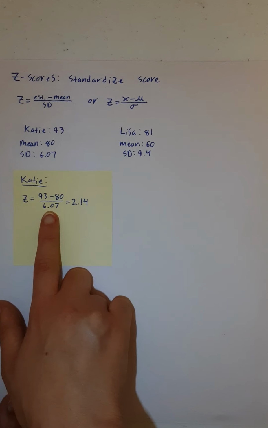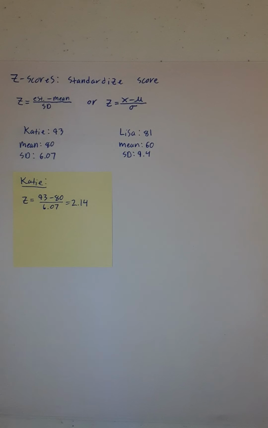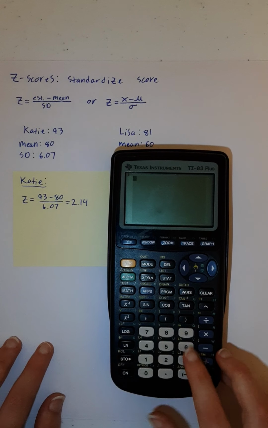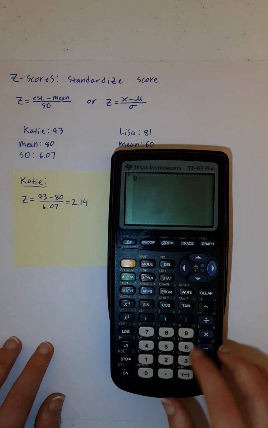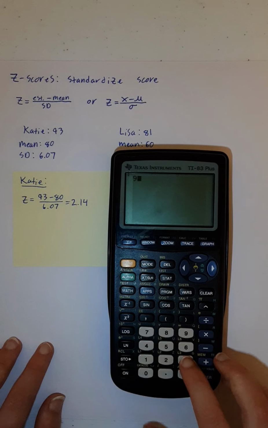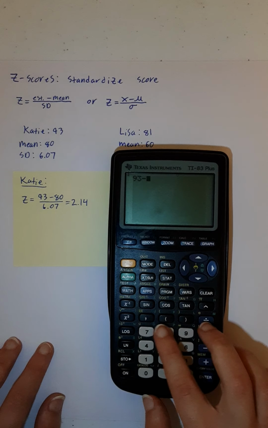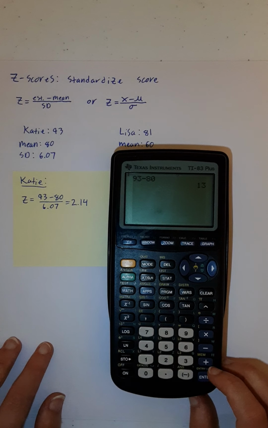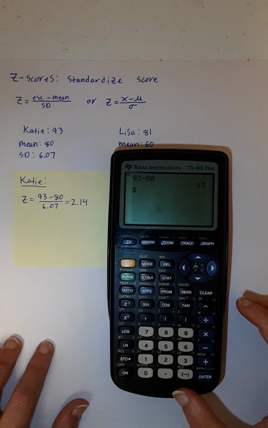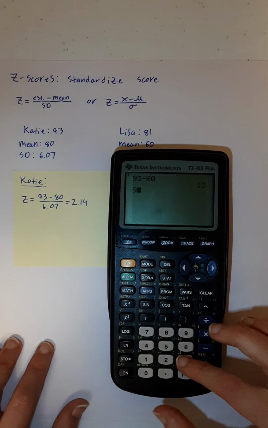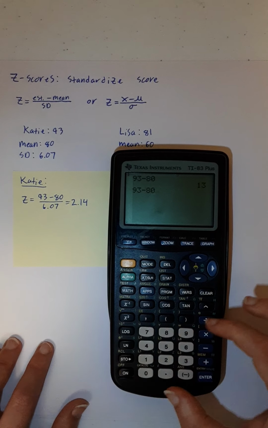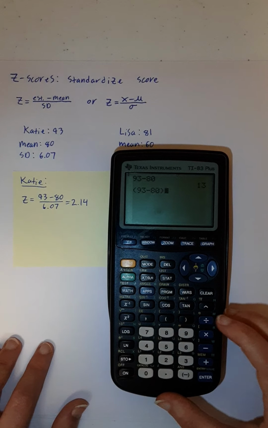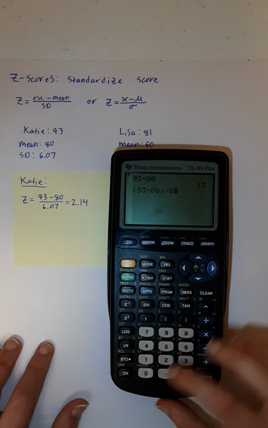Be careful when you're plugging this into your calculator. You want to do one of two things. Either plug in 93 minus 80, and hit enter, and then divide it by 6.07, or you can type it in all together, but use parentheses: parentheses, 93 minus 80, close parentheses, and then divide it by 6.07.